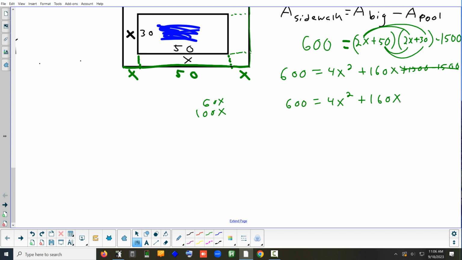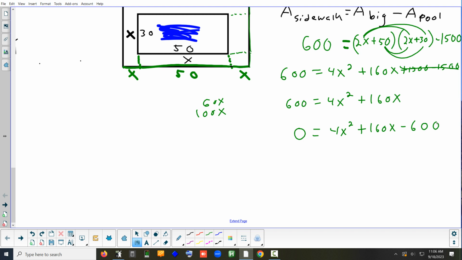I don't think factoring is going to work in this case, so we're going to do the quadratic formula. To get everything on one side, I think the easiest thing would be to just subtract the 600. So that's going to give me 4x squared plus 160x minus 600. Now, you can use those numbers the way they are. Or, does anybody see something you could do to all the numbers to make them smaller?